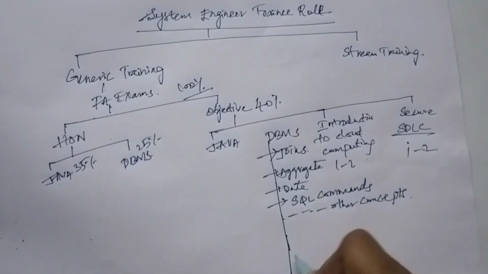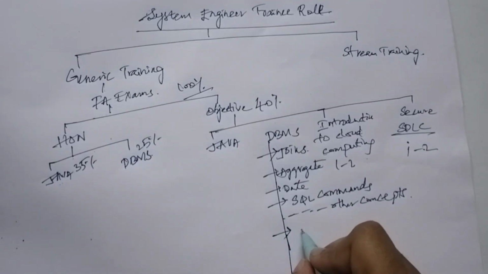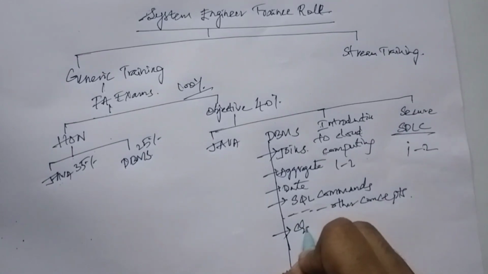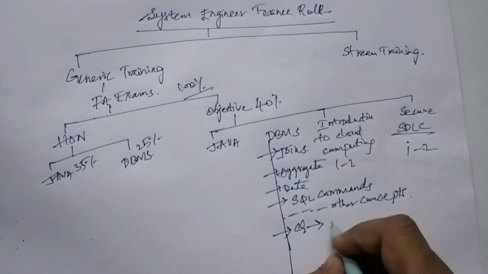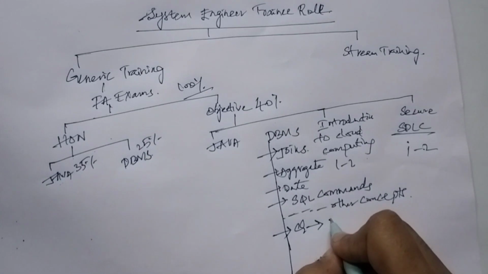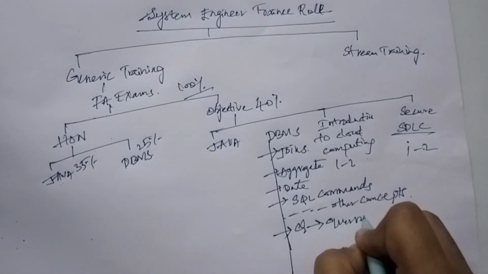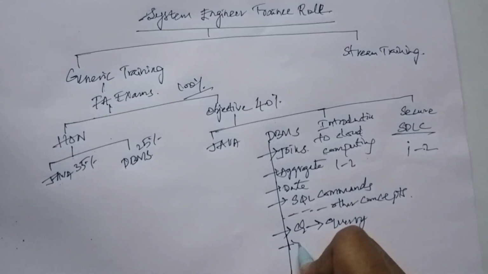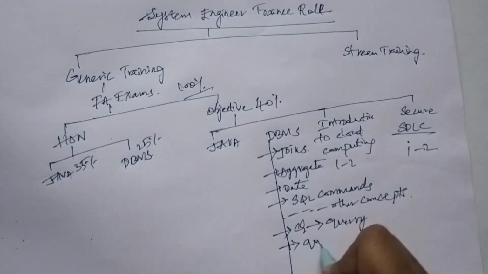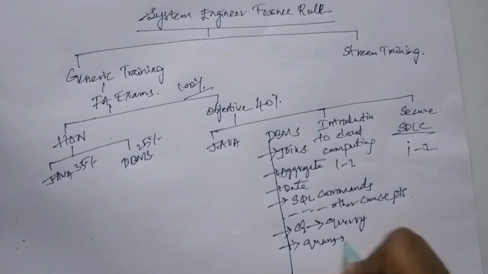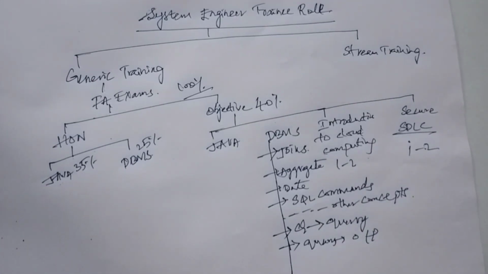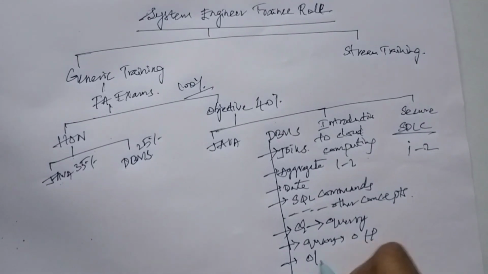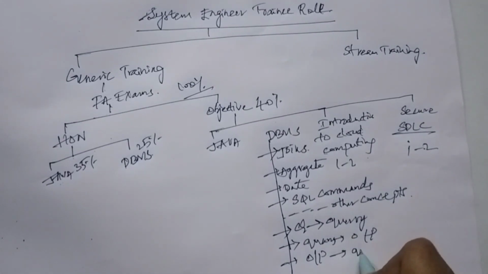Basically in this, the type of questions are, they will ask a question and ask you to choose the correct query among the 4 options, or they can give the query and ask you to predict the output, or they will give the output and ask you to predict the query.